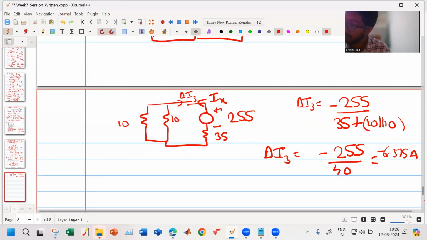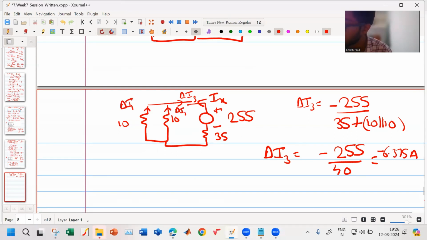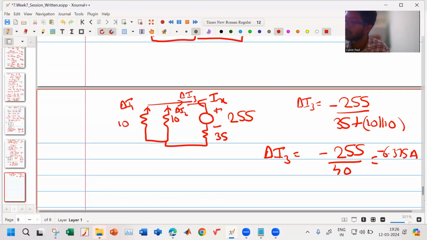Now, this is my delta I1. This is my delta I2. So from delta I3, what is delta I1?